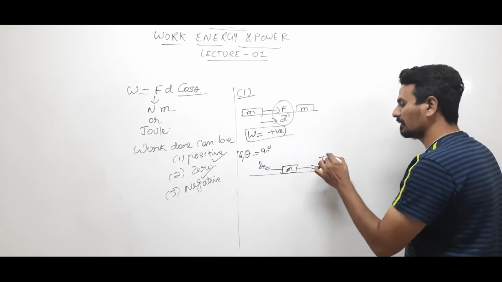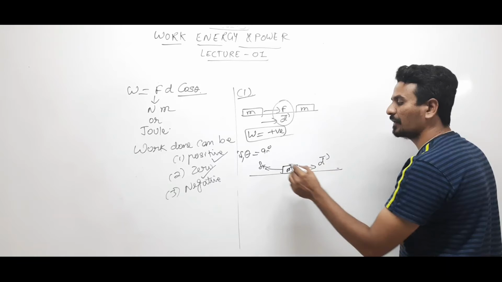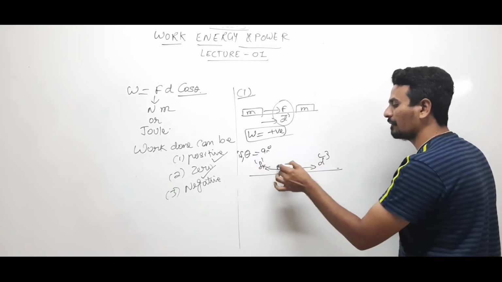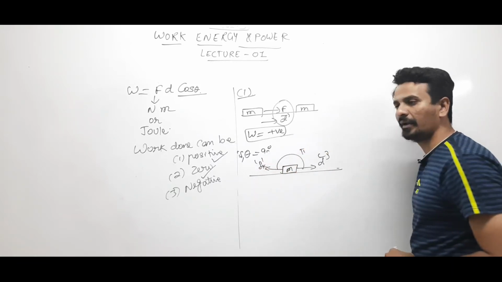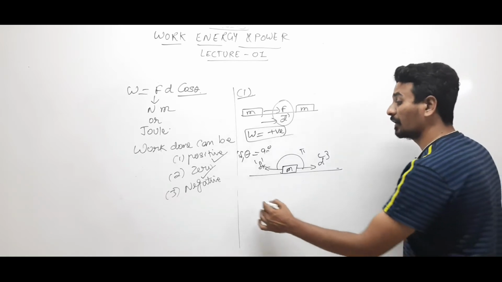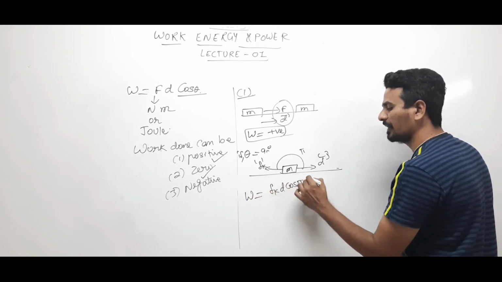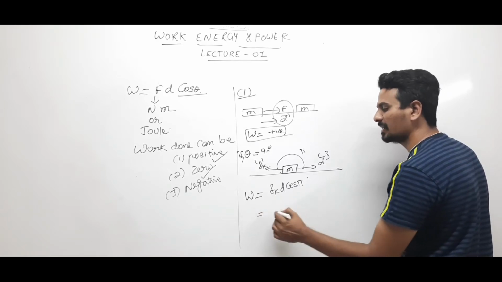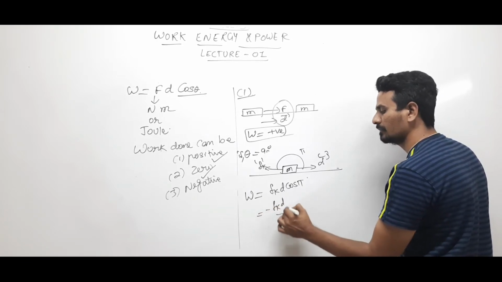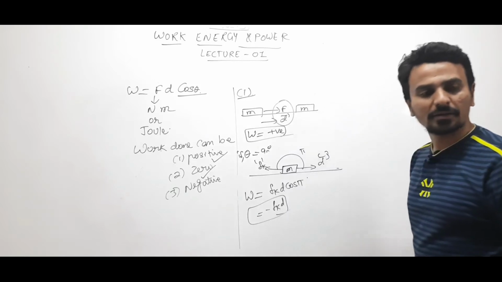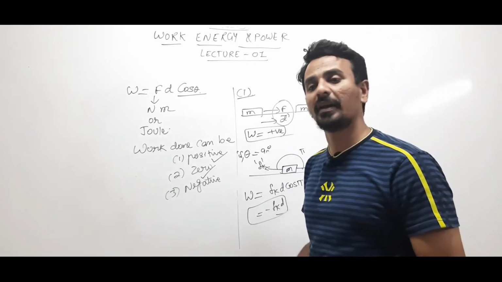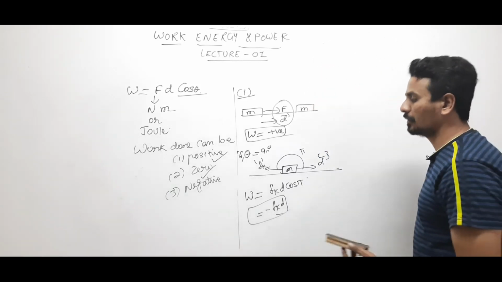So in this case, the angle between frictional force and displacement is 180. So work done by frictional force will be force into displacement into cos of the angle. Cos pi is -1. Clear? So work done is negative when friction is performing some work on the body.